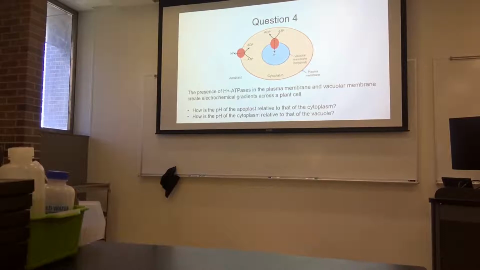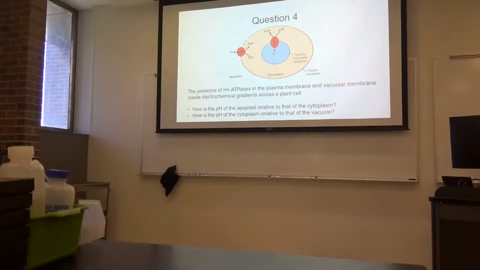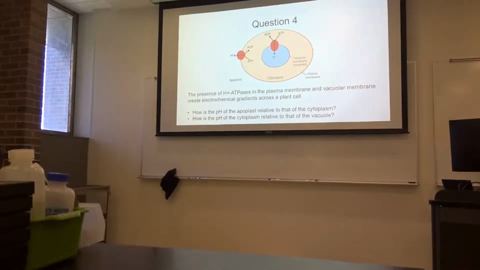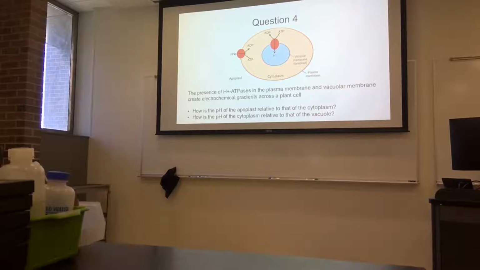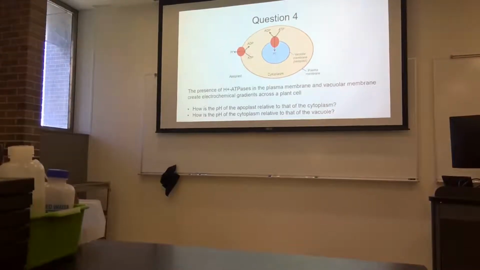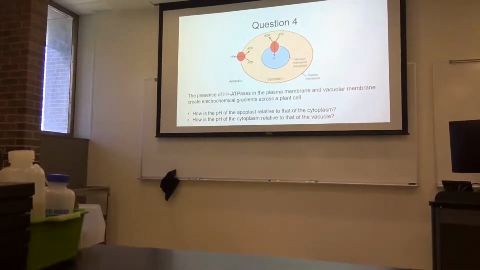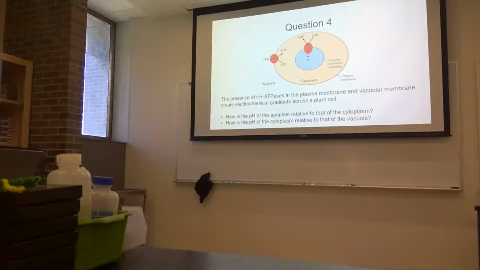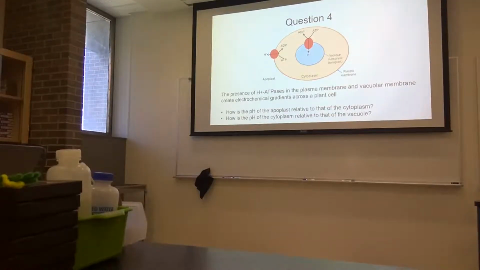You can see here it's pumping against the gradient, so you're accumulating a lot of hydrogen, lowering the pH in the apoplast and lowering the pH in the vacuole relative to the cytoplasm. The cytoplasm is going to stay close to 6.7, 6.8, but the outside and the vacuole need to have that gradient.